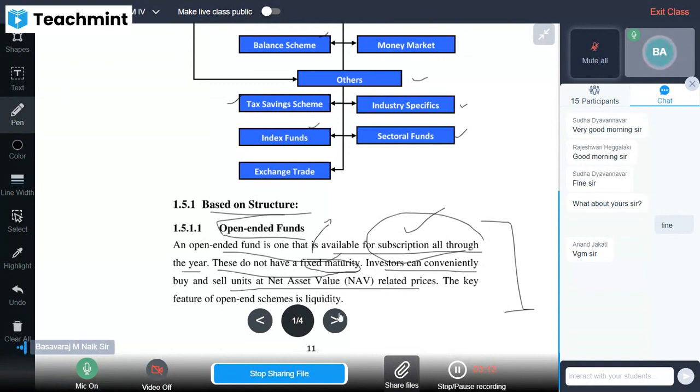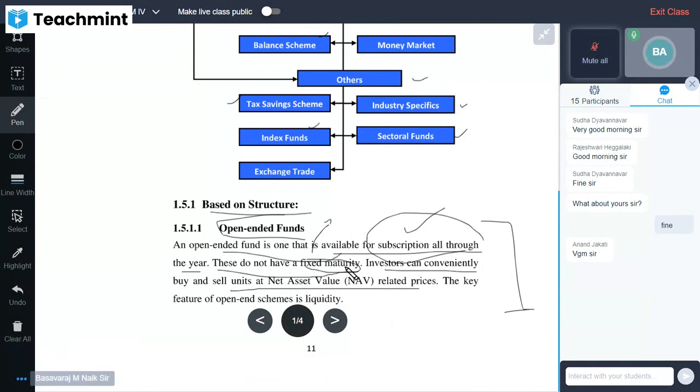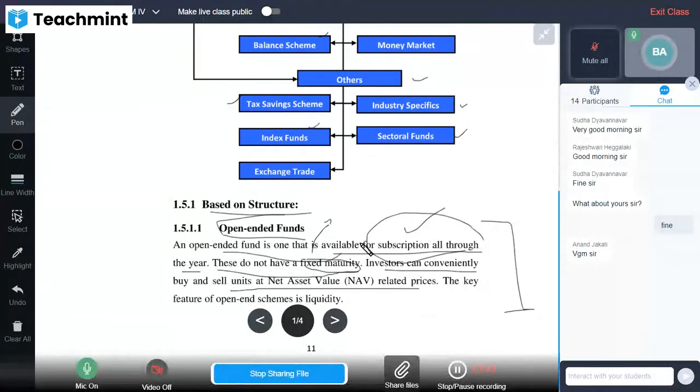They do not have a fixed maturity. That means they can shift into a different fund, or they can redeem their mutual fund returns. So liquidity makes it possible to meet the short-term obligations of the investor or unit holder. Examples of open-ended funds are SBI Small Cap Fund and Aditya Birla Sun Life Banking and Financial Services Fund.